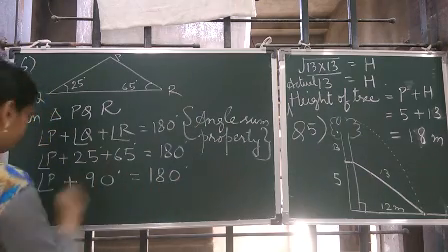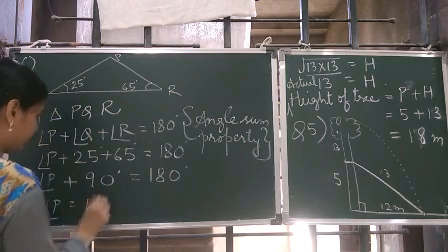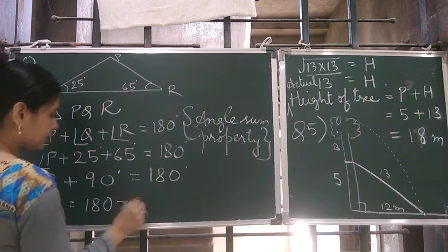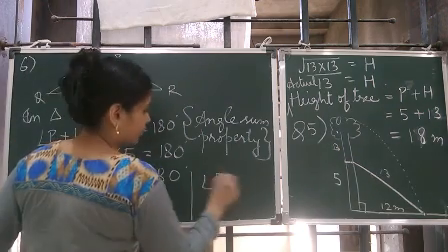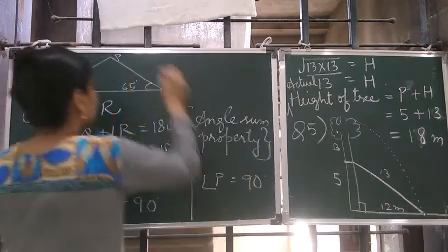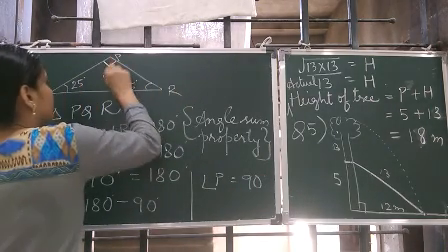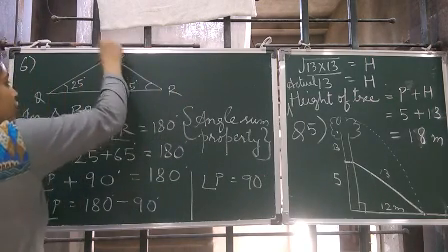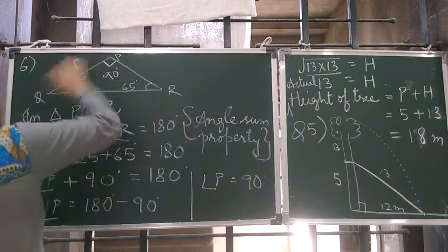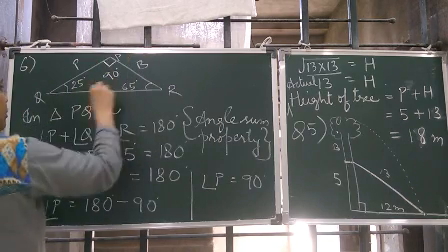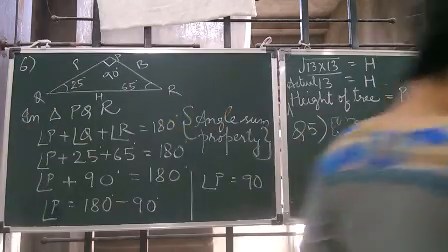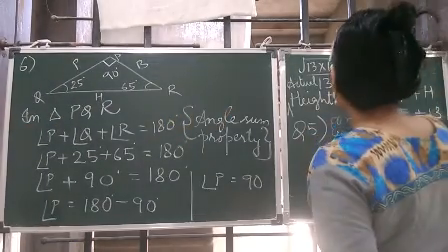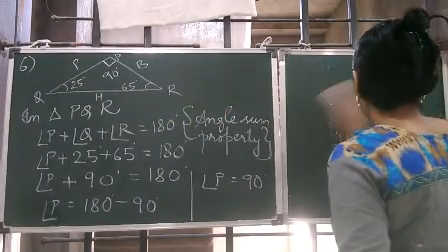Now this 90 will shift here, so angle P is equal to 180 minus 90 degrees. Hence angle P is equal to 90 degrees. That means it is a right triangle. Now since this is a right triangle, this can be the perpendicular, this can be the base, and opposite to it will be the hypotenuse. Let's see what is true.